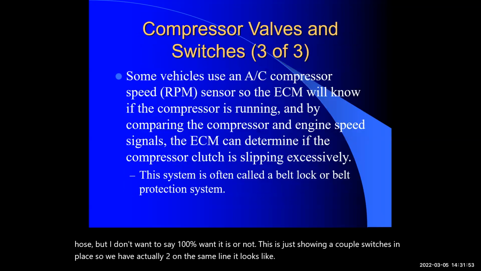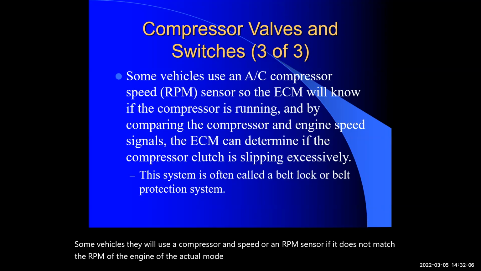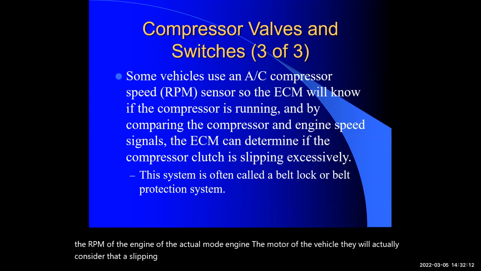Now, some vehicles will use a compressor speed or RPM sensor. If it does not match the RPM of the engine, the motor of the vehicle, the system will consider that a slipping clutch, and it will shut everything down.